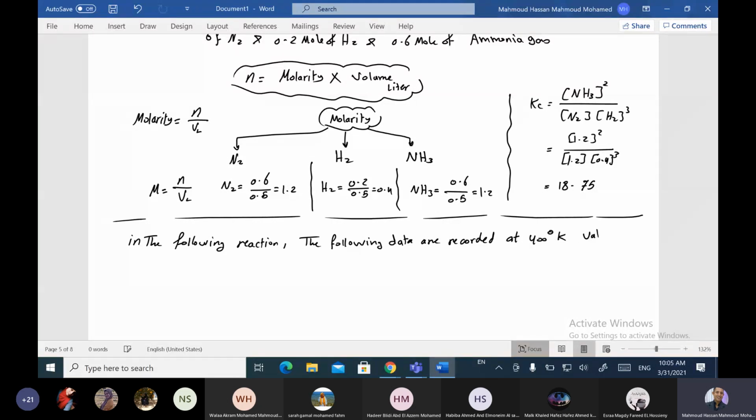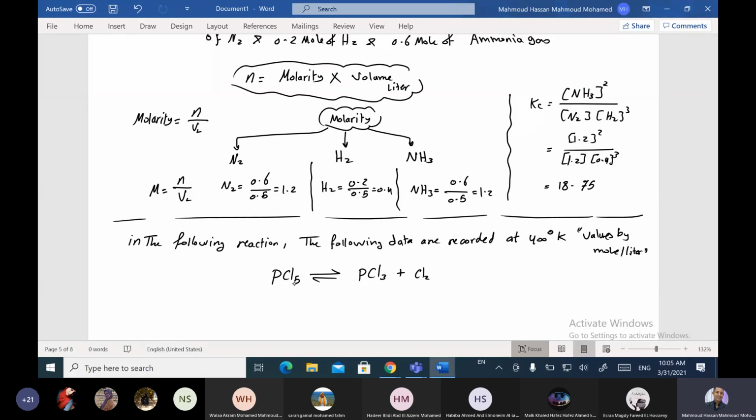Values are in mole per liter for the concentrations. PCl5, forward and backward, gives us PCl3 plus Cl2.